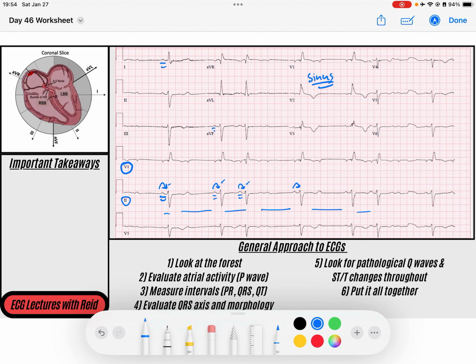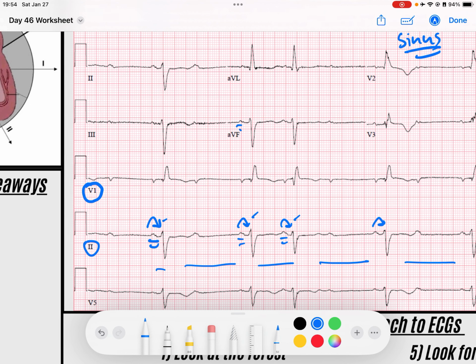V1 always has this biphasic P wave. If you look in V1, I've got a P wave to my QRS. Then before the next P wave to QRS, I actually have an extra P wave right there. So there's another P. Then we've got P QRS, then I have a dropped P, P QRS, and then a P that doesn't conduct.